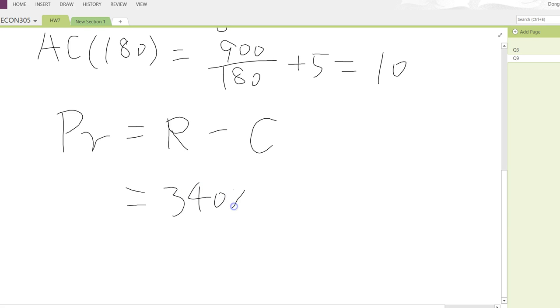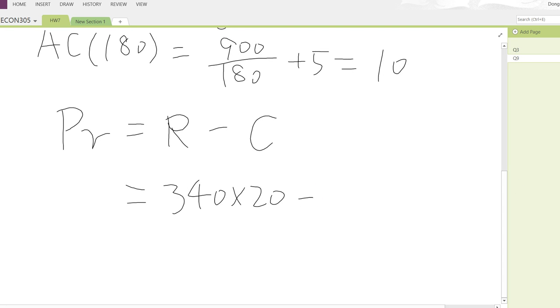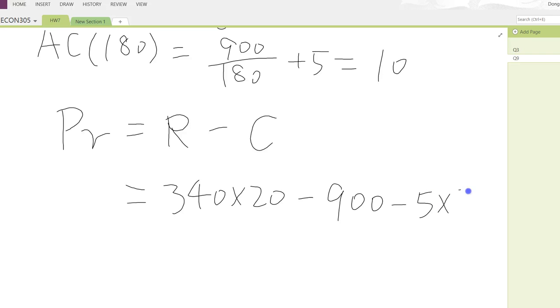That's the revenue R. And the cost is basically, as we just wrote, 900 plus 5 times the number of pages, and here we have 340 pages, and that's the total profit.